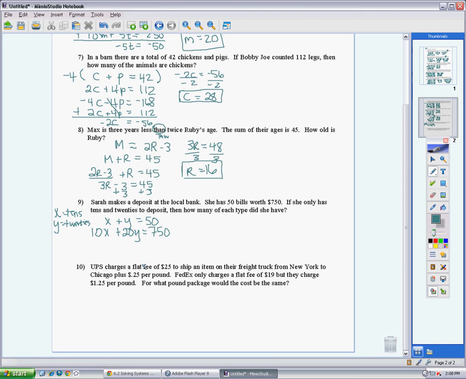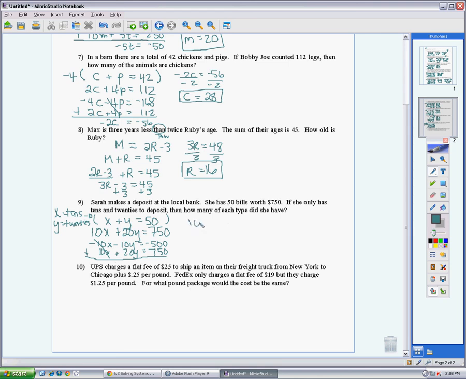Since I have to find both, I'm going to go ahead and use elimination method, and I'm going to multiply the top equation by negative 10. So I get negative 10x minus 10y equals negative 500. And 10x plus 20y equals 750. That remains unchanged. Then I'm going to add them together, and then my x's are going to eliminate, or my 10s are going to eliminate.